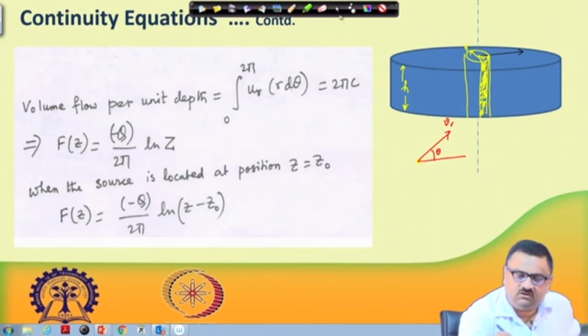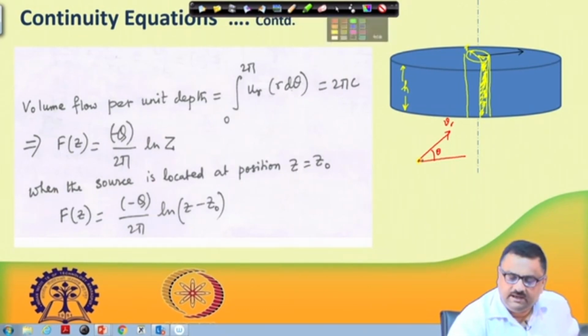So, V r is operational over this arc length.